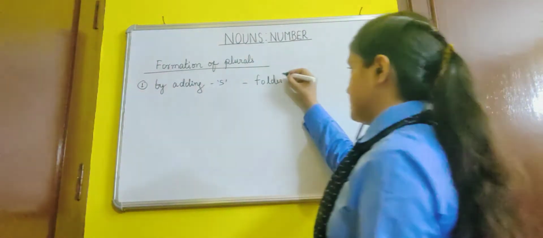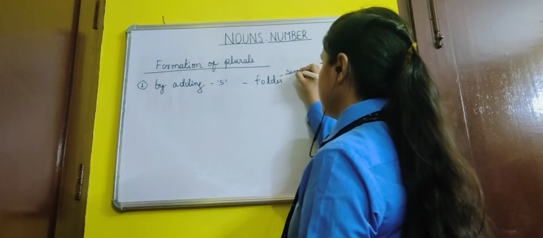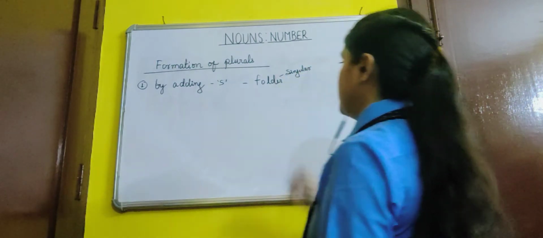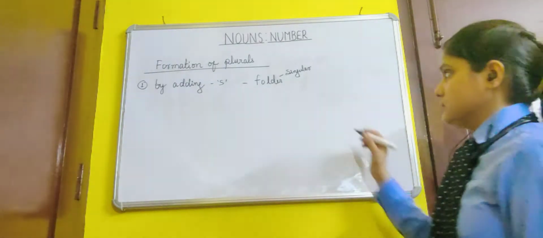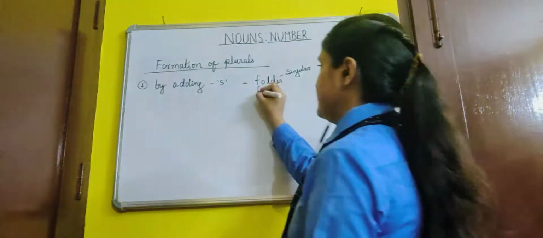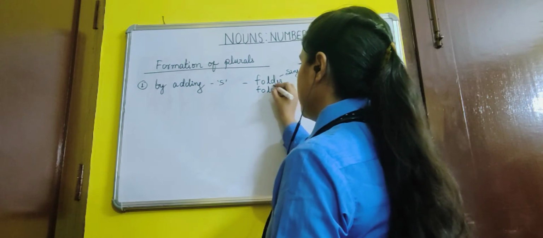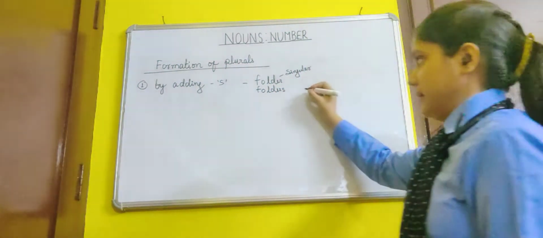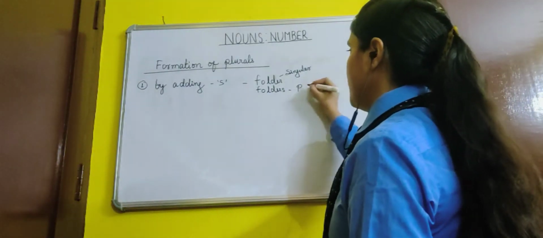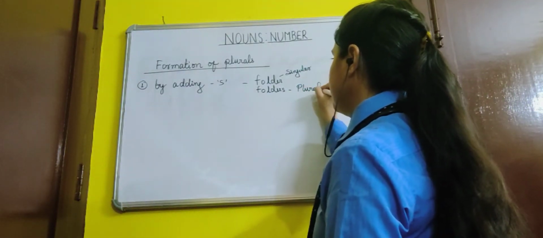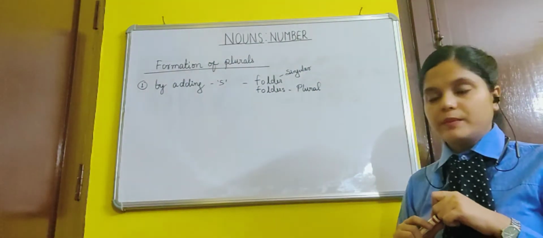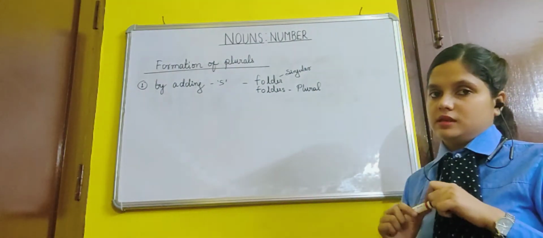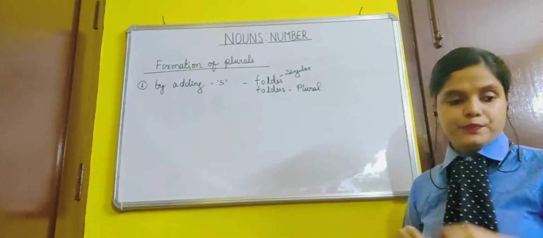It is singular. Now I want to make the plural form of it, so I will add s in it and it will make it plural. So folder is singular number and folders is plural.